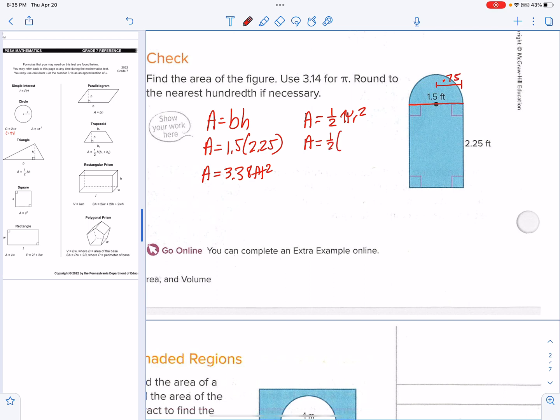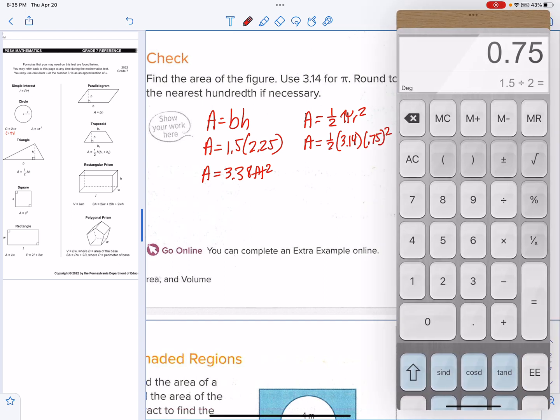So I have 1/2 times 3.14, and then my radius is 0.75 squared. Okay, so 0.75 times 0.75 equals, and then times pi, 3.14, and that's the area of the entire circle. I need to divide by 2 because it's a semicircle.